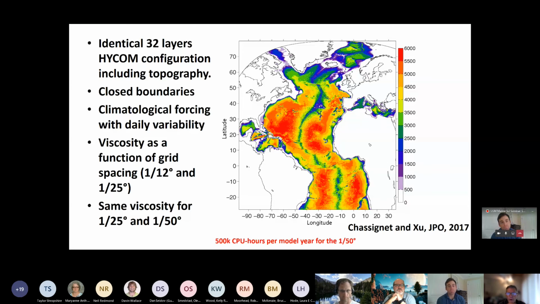What we do is we interpolate the 1/12 of a degree to the 1/50 of a degree. Viscosity is changed as a function of grid spacing as we go from 1/12 to 1/25, and then we kept everything constant at 1/50 of a degree. It takes about 500,000 CPU hours per model year for the 1/50 degree, so they're quite expensive simulations. That's why you have only three groups in the world that are actually running this kind of configuration.